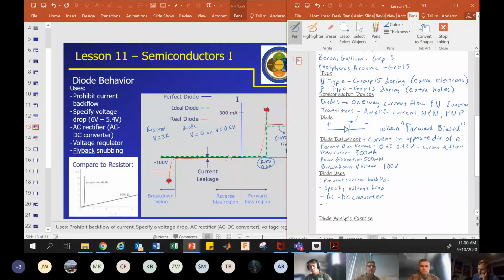We can use it for a rudimentary voltage regulator. See that in a second. And for what's called flyback snubbing, which is something we'll learn about when we start talking about DC motors.